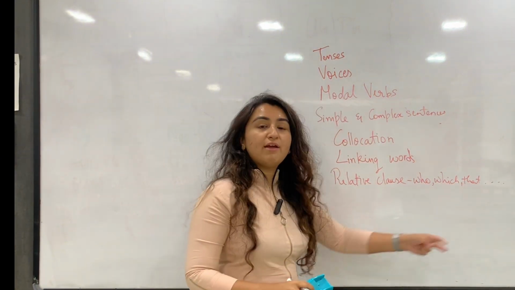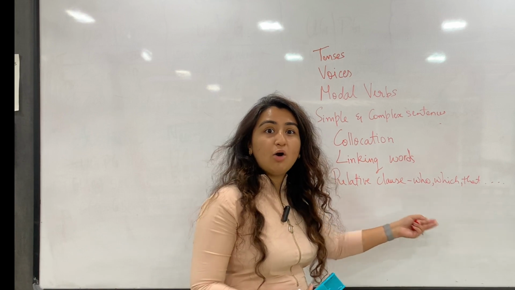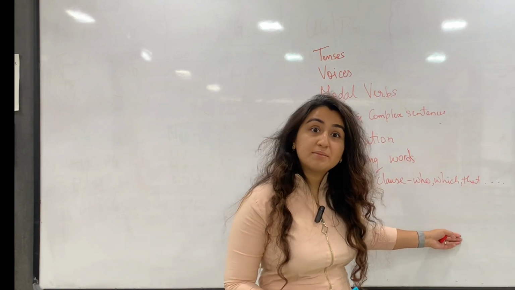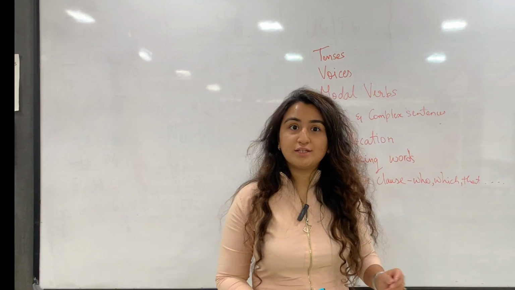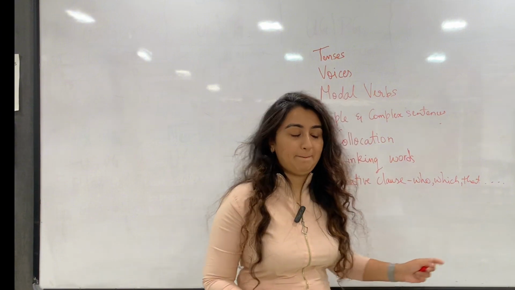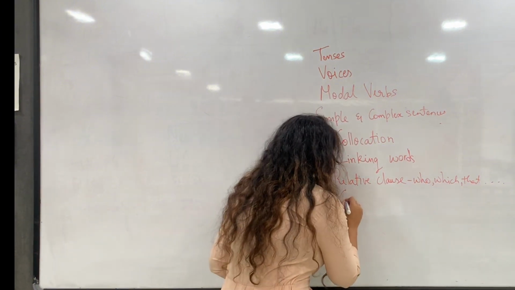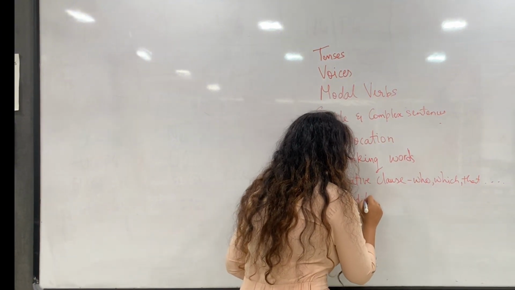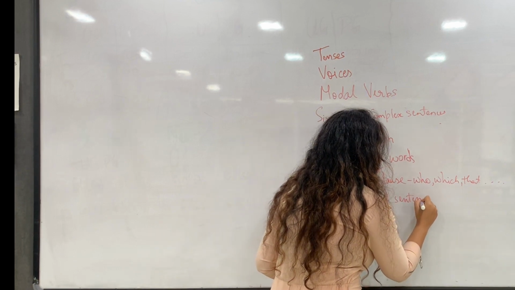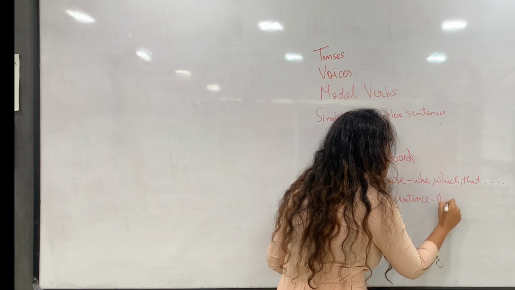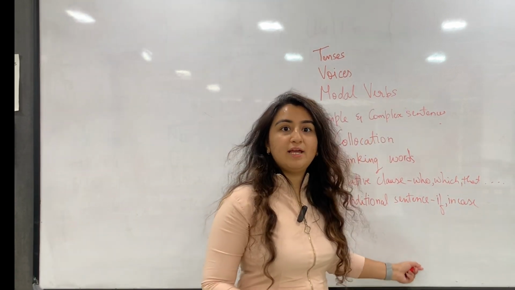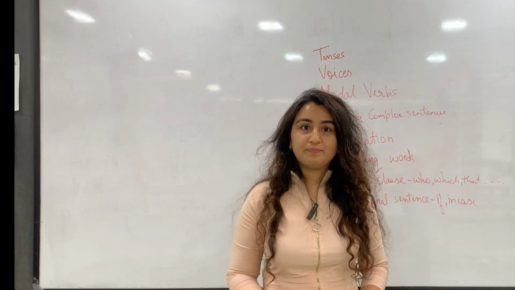When you refer to a noun or a pronoun mentioned earlier, you're expected to use a relative clause in your writing, not speaking, in your writing. You are also expected to make at least one conditional sentence that starts with if or in case.